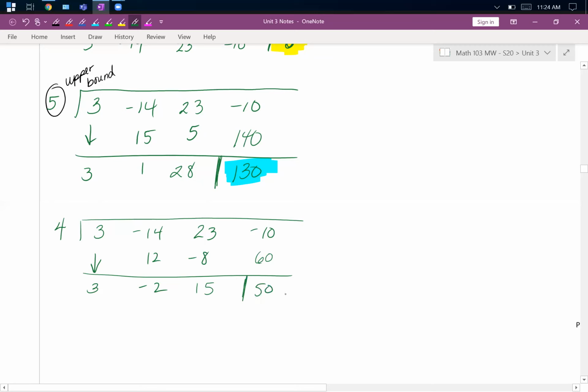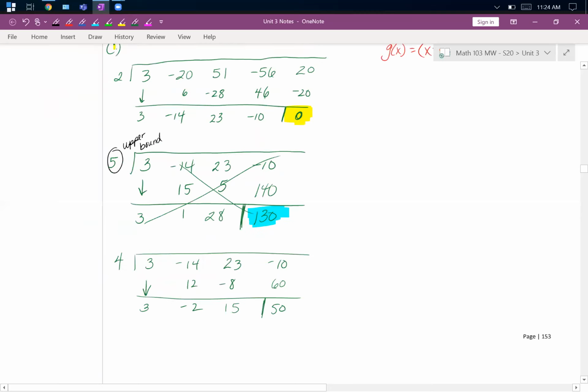Remainder of 50. So that one doesn't work either. But it does not tell us that 4 is an upper bound.